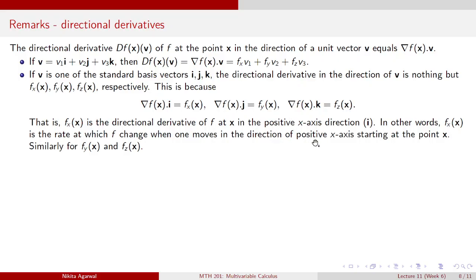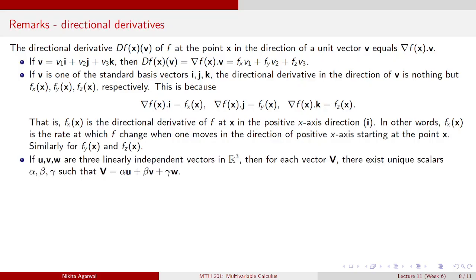So ignore this positive here. You start at the point x and you walk along the x-axis direction, and if you compute the rate of change, it gives you the partial derivative with respect to x, right? So the directional derivative in particular is nothing but the partial derivatives when your direction is one of the standard directions. Okay.